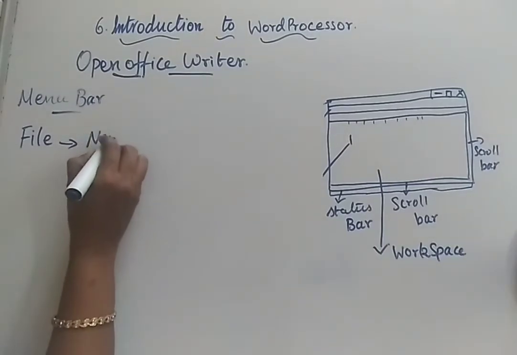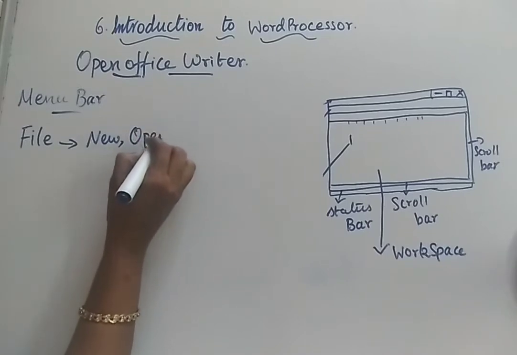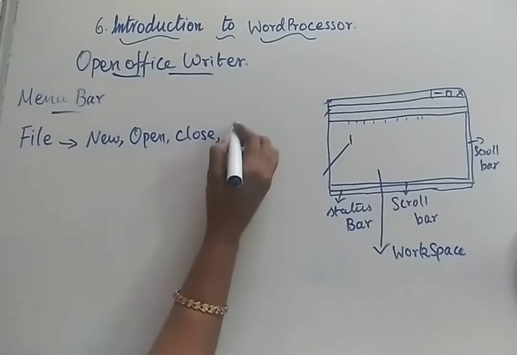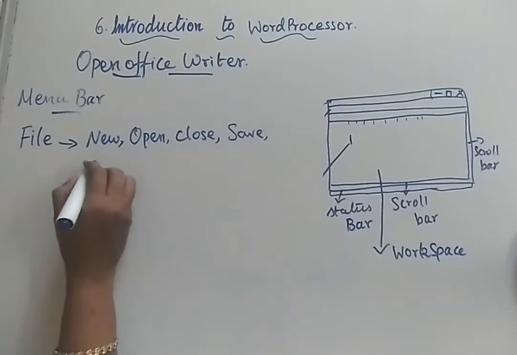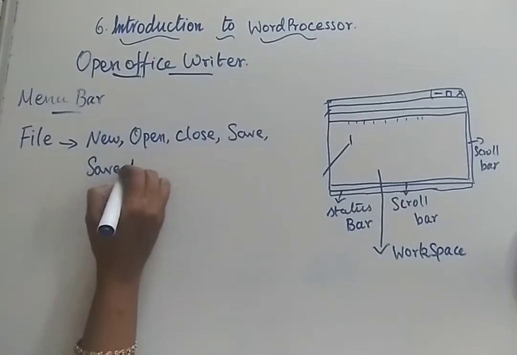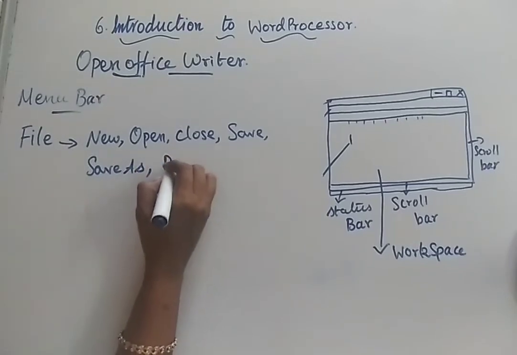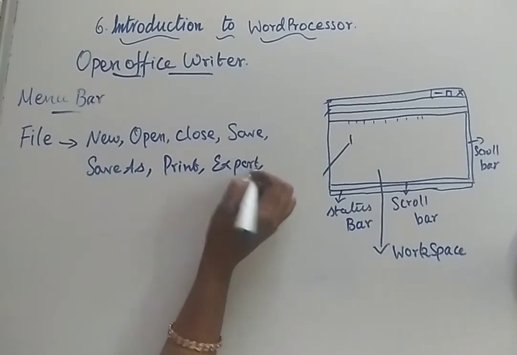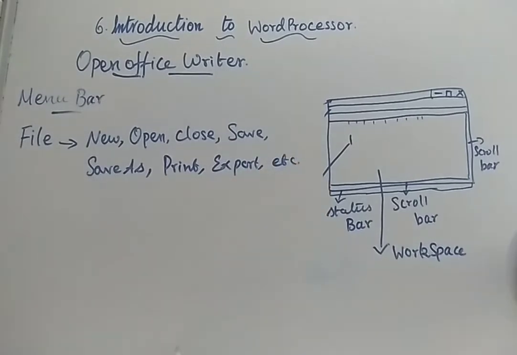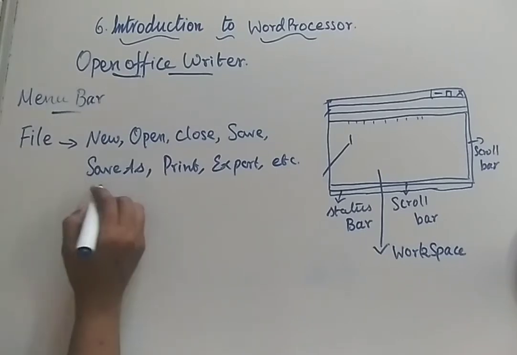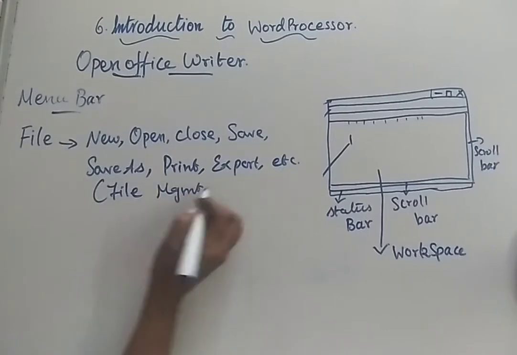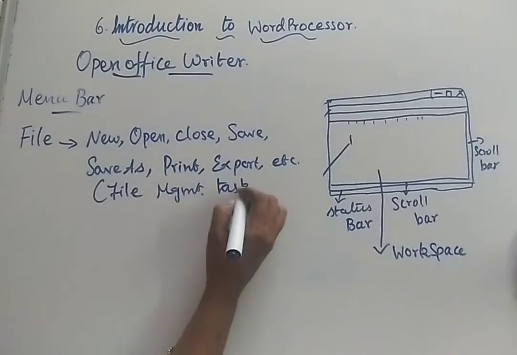A few you can have are new, open, close, save, save as, print, export, quit, etc. Many are available under the file menu. So under the file menu, you are going to have the file management tasks.